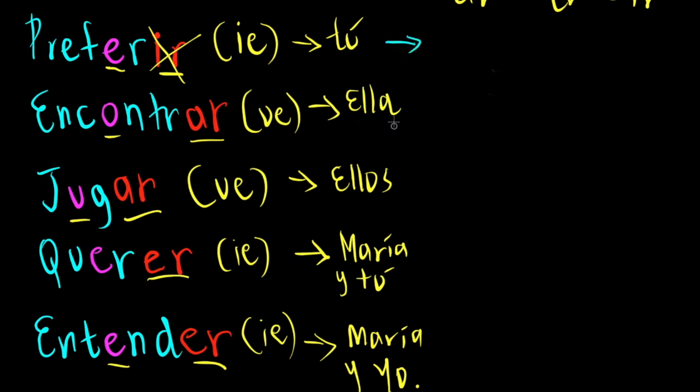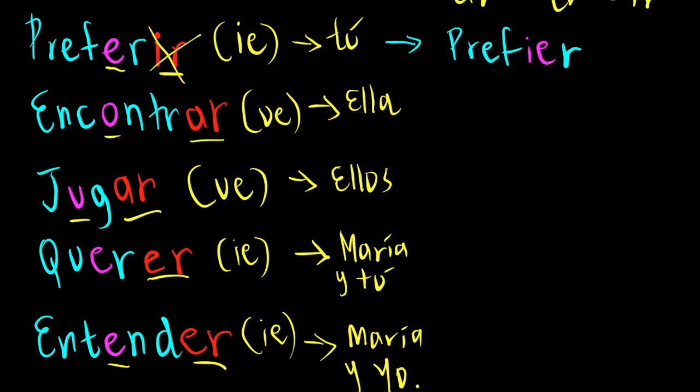Okay, so let's see what the conjugation looks like. We're gonna conjugate preferir. See the letters in blue, right? They have to stay there. The one we're changing is the E. We're changing it to IE, right? So there we go. That's our stem change.